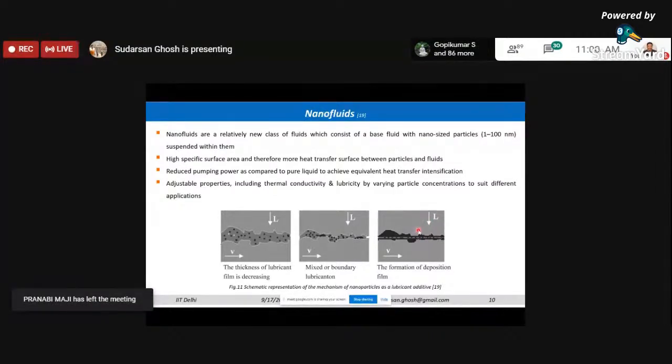If they agglomerate and get deposited on one of the surfaces, what happens? They form what is called a lubricious film, and thereby they effectively reduce the friction coefficient between the two mating surfaces.